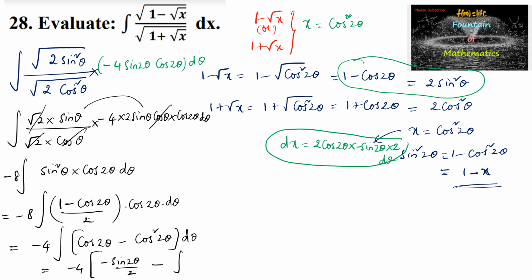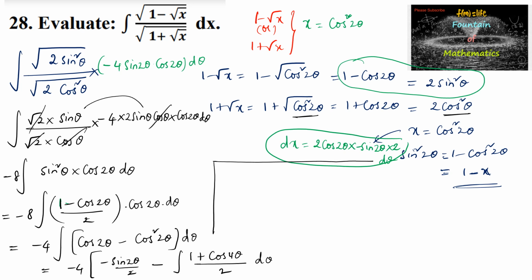We can write cos square 2 theta as 1 plus cos 4 theta divided by 2 d theta. Let us simplify this.